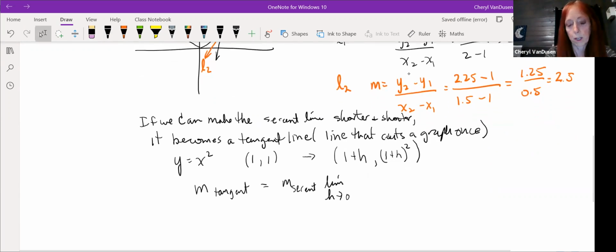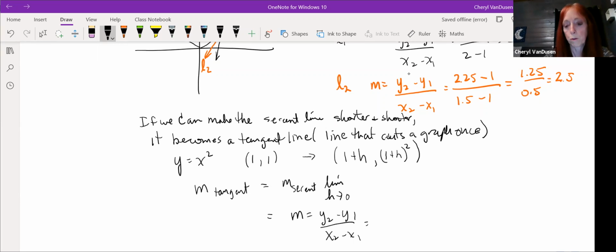So let's have a look at this. We're not going to do this calculation a lot, but again, our slope formula is y2 minus y1 over x2 minus x1. So we put our y2 value of 1 plus h squared, take away 1, over 1 plus h, take away 1. Now, let me do some highlighting in case you're getting a little confused.